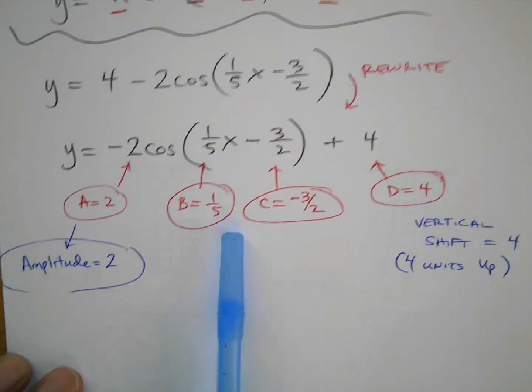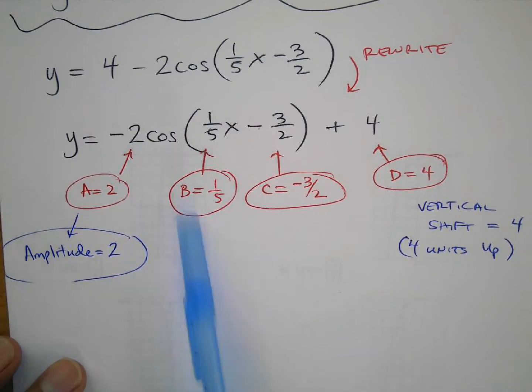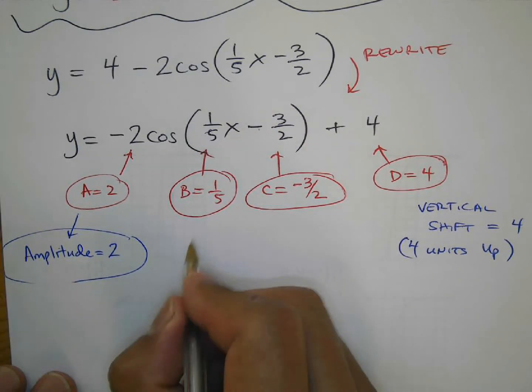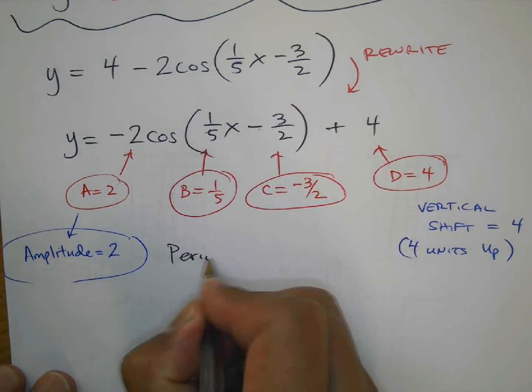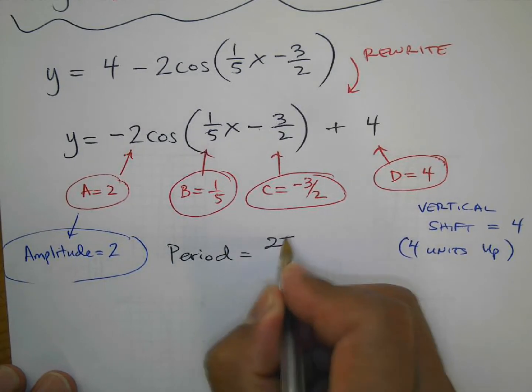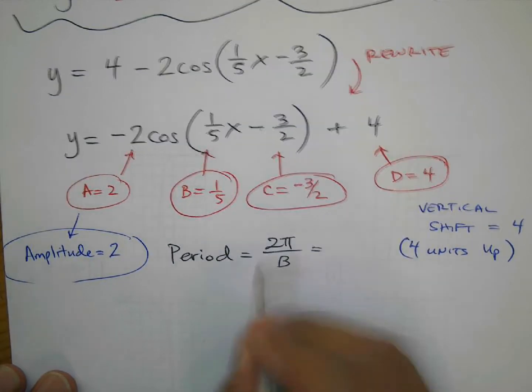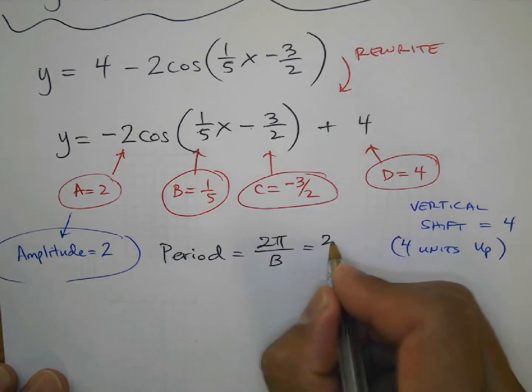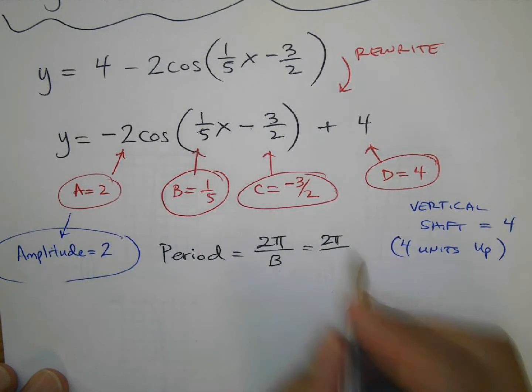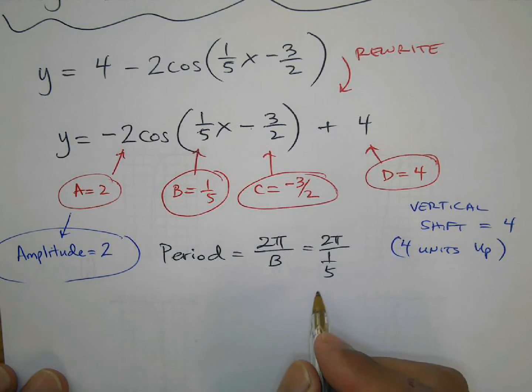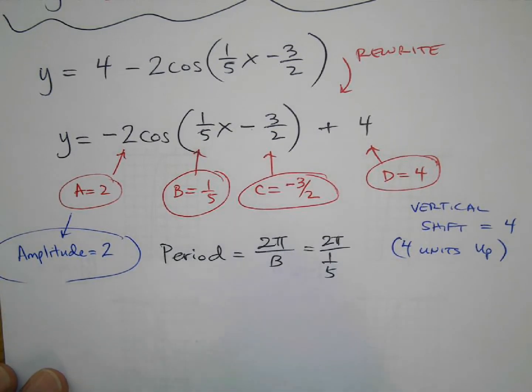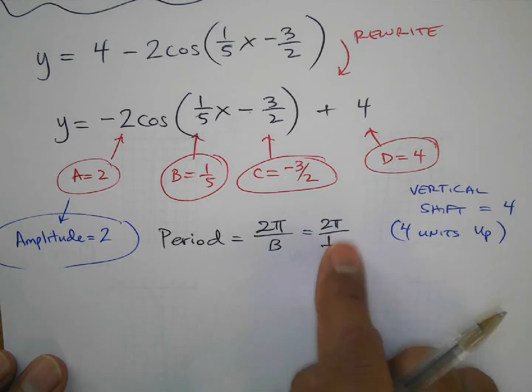Your job is to make sure you don't get this wrong. You get this wrong, the whole thing's wrong. Your period has to be correct and the phase shift. How do we determine the period? Period is equal to 2 pi over b, which I want to see 2 pi divided by what? 1/5. Some of you skip right away to doing the work and then you mess up because you set it up wrong.